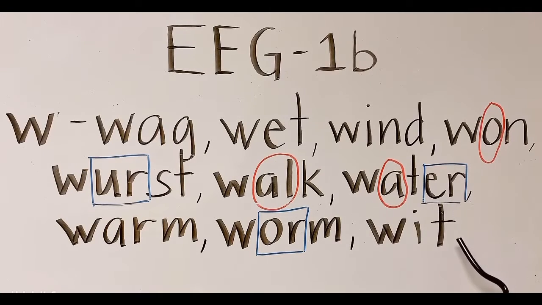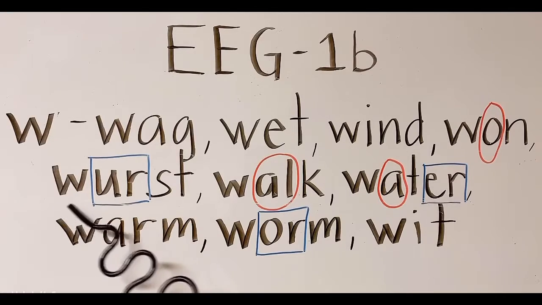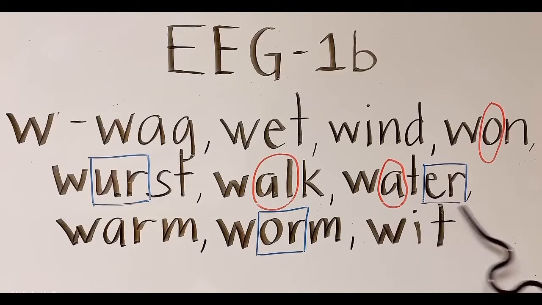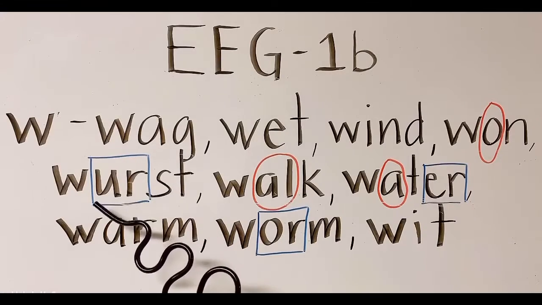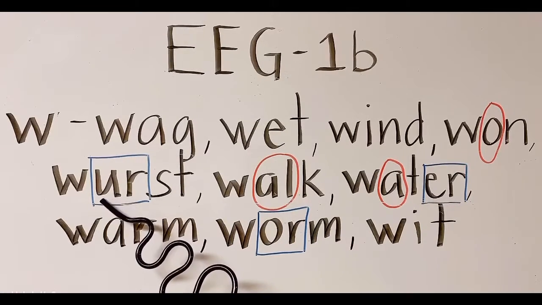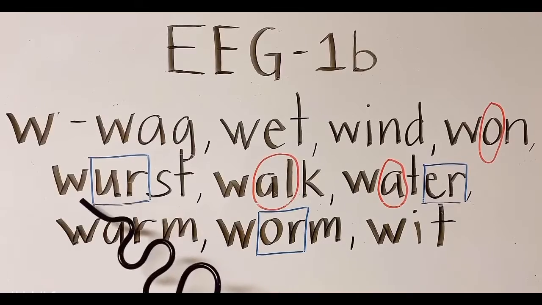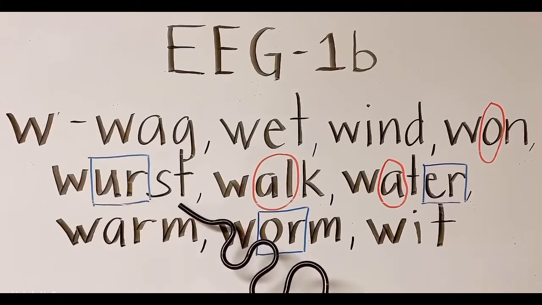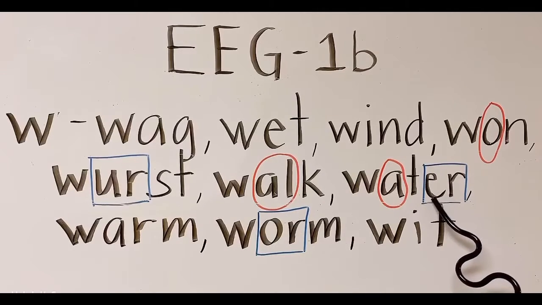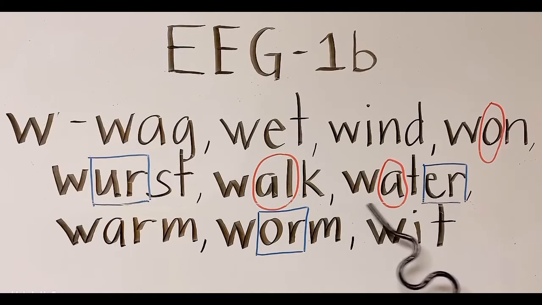Next, let's look at the words worst, water, and worm. Now look at the combination of letters U and R. The sound is er, worst. And then here, the combination of E and R is er, water.